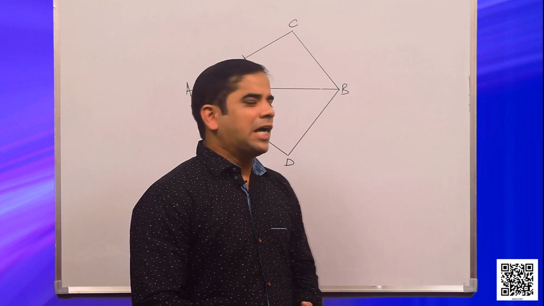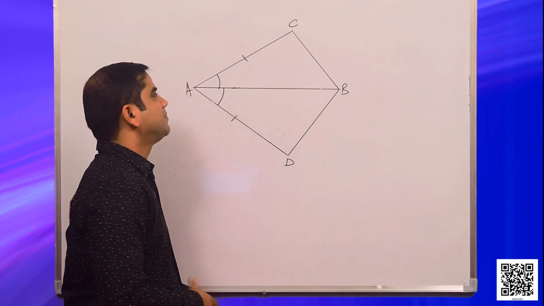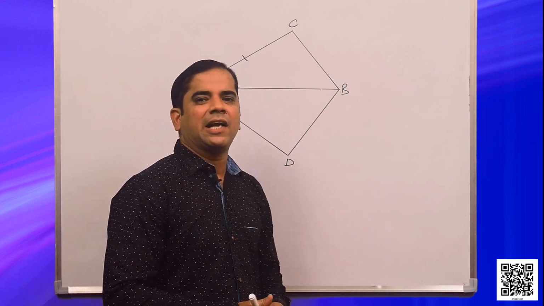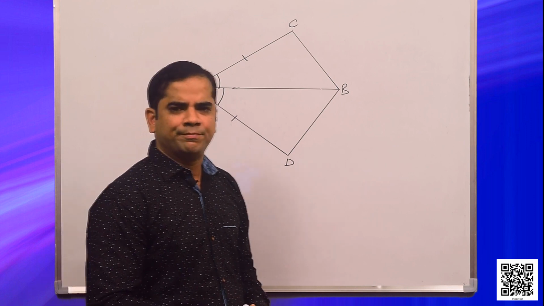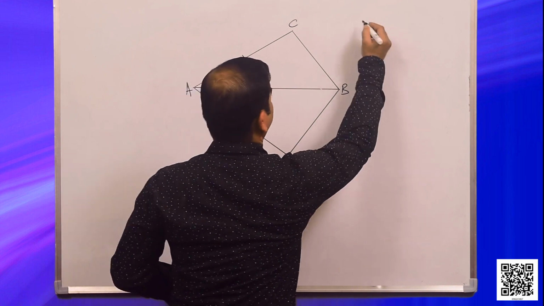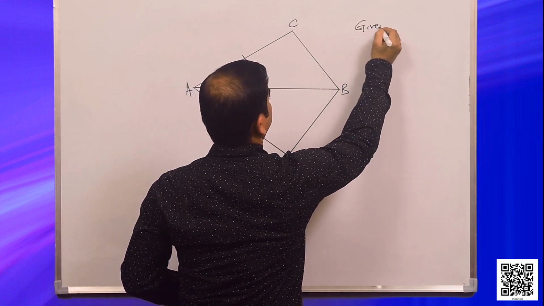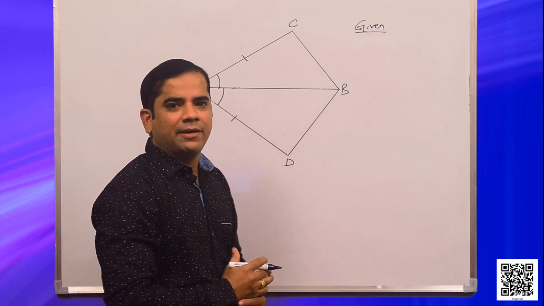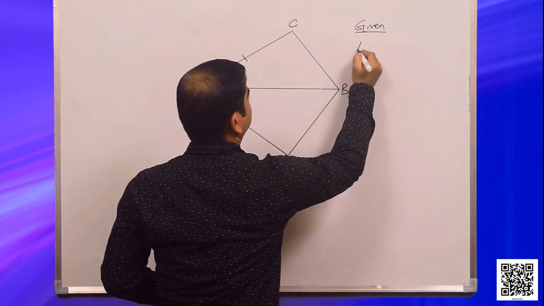Students, as you can see, the diagram is similar to the one given in your book. What are the given data?